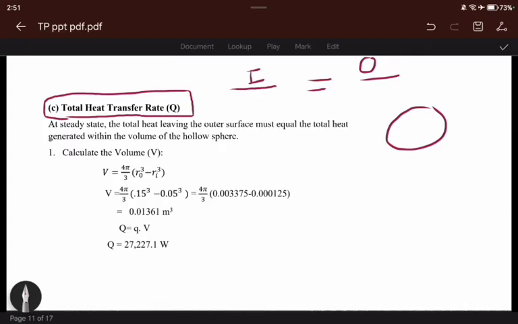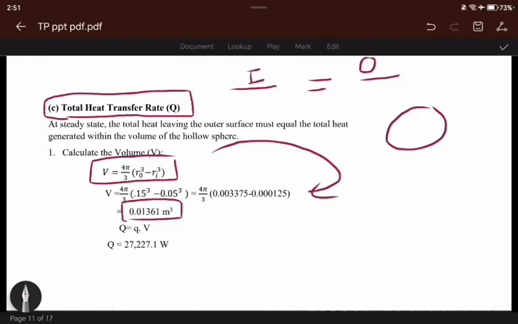So we know the volume for this whole sphere is V equal to 4 pi by 3 times r naught cube minus ri cube. Here r naught is the outer radius of the whole sphere and ri is the inner radius. So we will put the value.